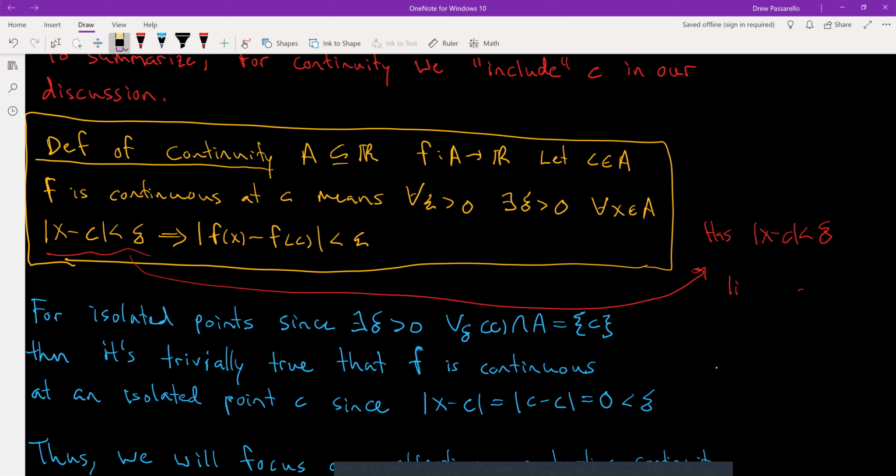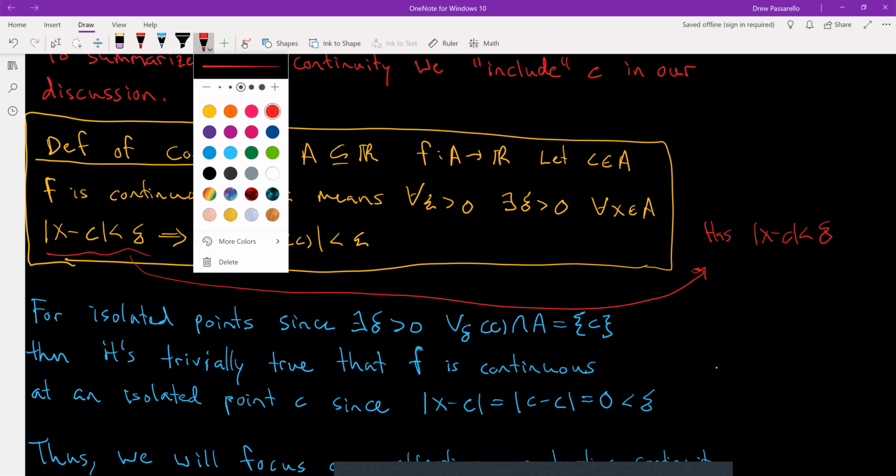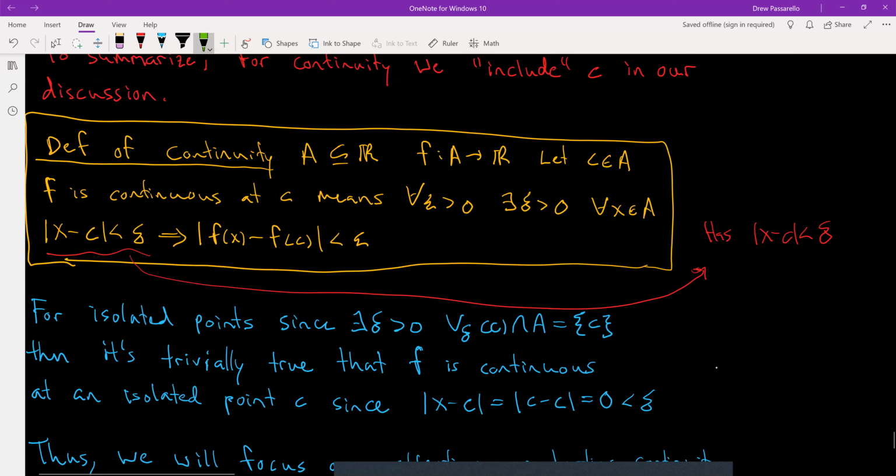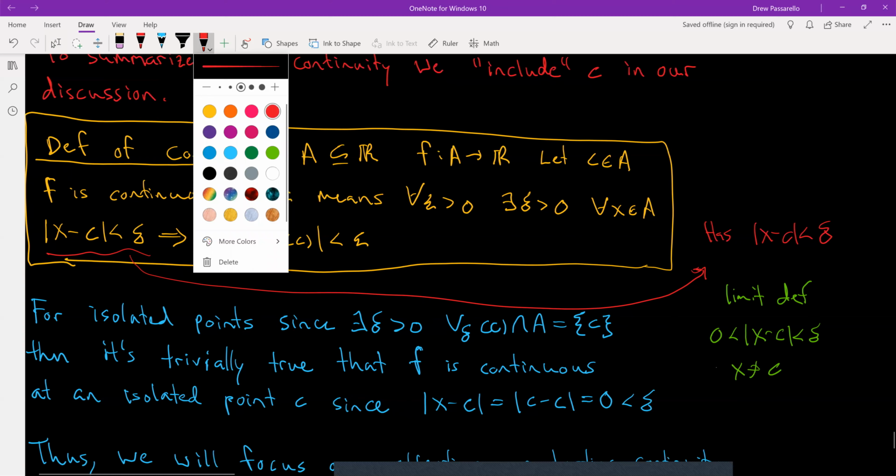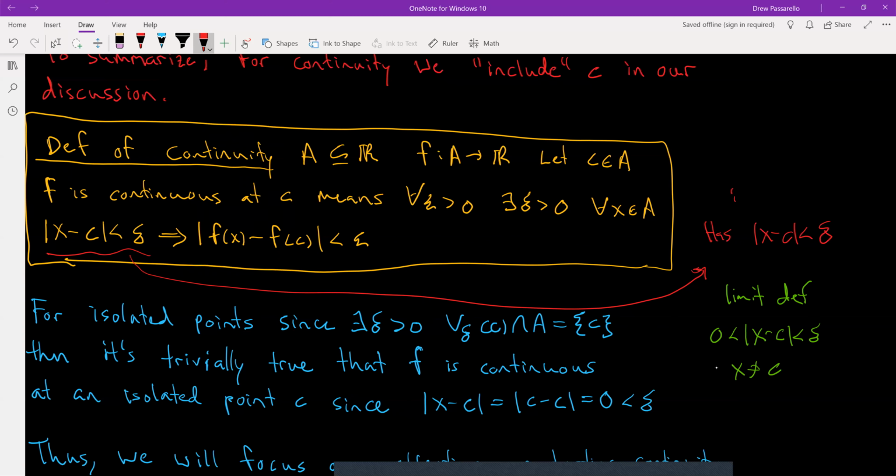In other words, c is allowed to be x itself. So for the limit definition, x was distinct from c, and for the continuous definition, it's possible that x can be c.